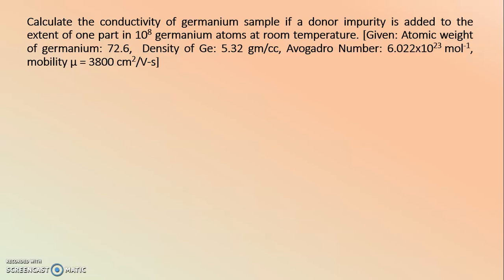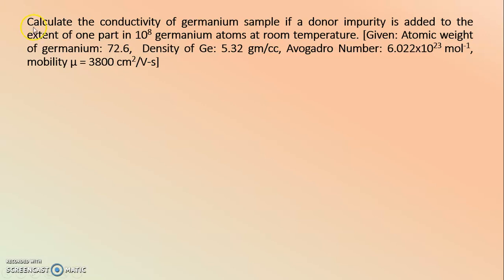The atomic weight of germanium is 72.6, the density of germanium is 5.32 gram per cc, Avogadro number is 6.022 into 10 raised to 23 per mole, and mobility mu is equal to 3800 centimeter square per volt second.